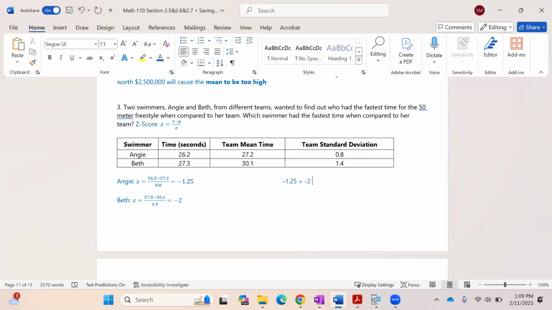So essentially, Angie has a higher z-score. And so what that means is Angie has the fastest time compared to her team.